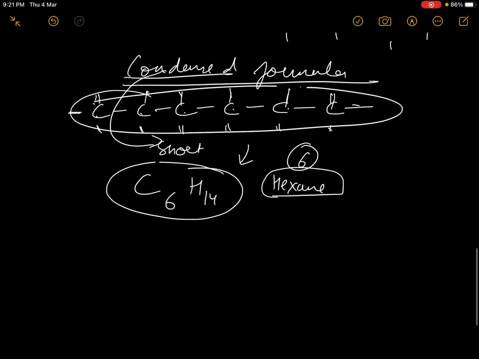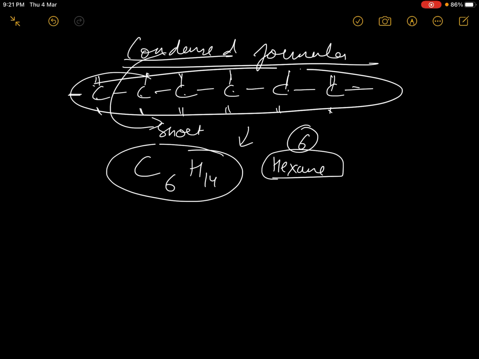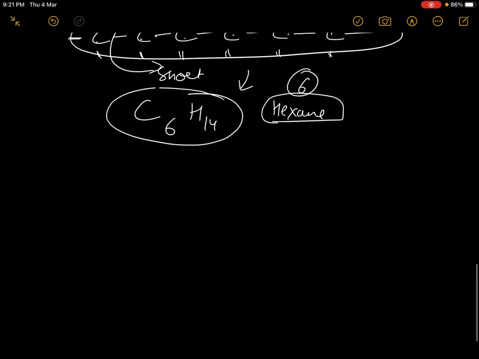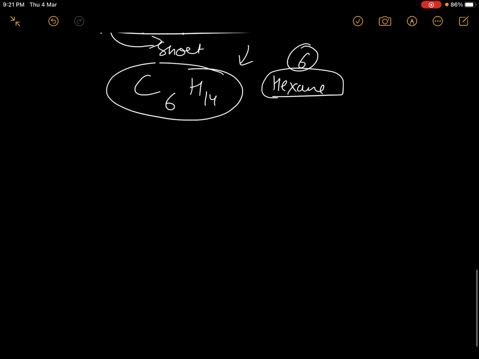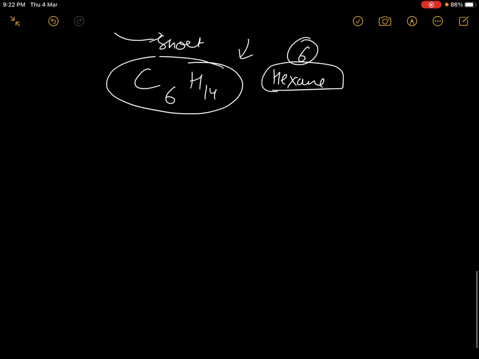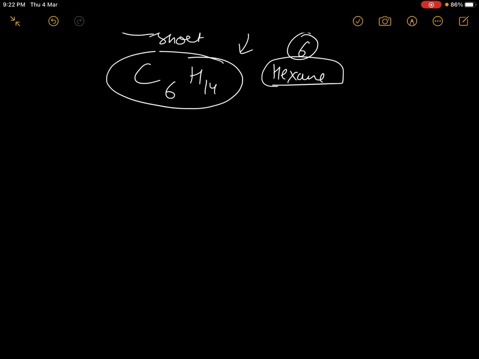The 6 carbon chain is called hexane. Another simplified form, making this formula even easier, is the bond line structure.